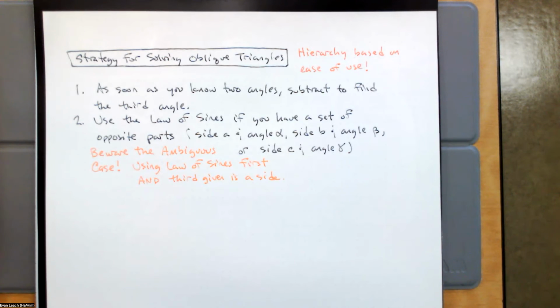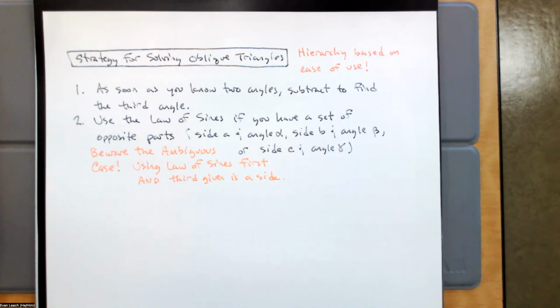The setup is we want to use the law of sines because we have a set of opposite parts, side A, angle alpha. If we have side A, angle alpha, and angle beta, no problem. Just keep going. It couldn't be the ambiguous case. But if you have side A, angle alpha, and side B, and this is the first thing you're doing in the triangle, welcome to the ambiguous case.